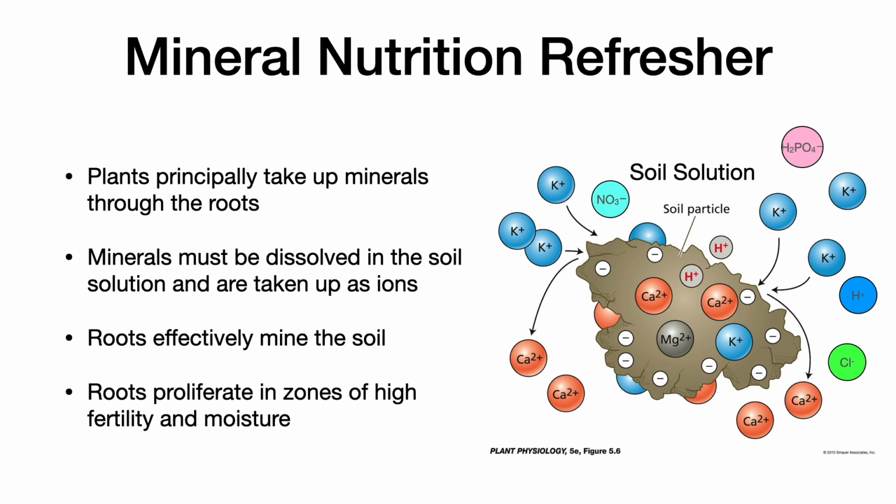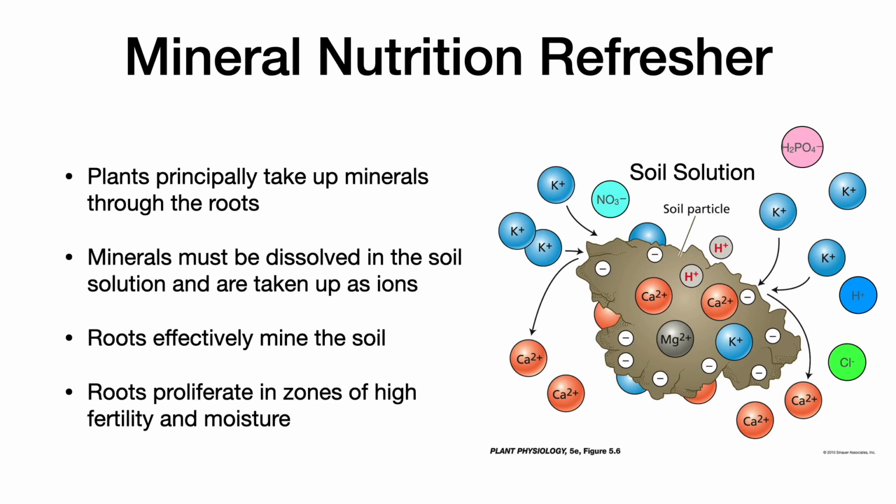First of all, plants principally take up minerals through their roots, not through the leaves, although some nutrients can be absorbed in the leaves. The minerals must be dissolved in the soil solution before they are taken up as ions. So the minerals themselves, or the crystals, are not taken up.